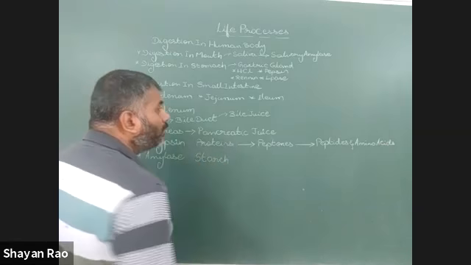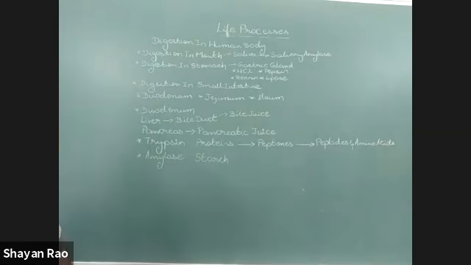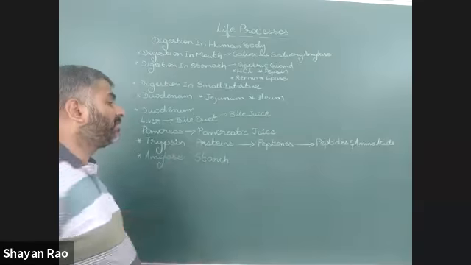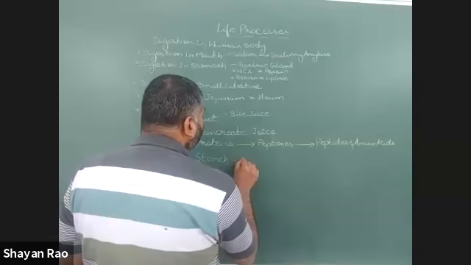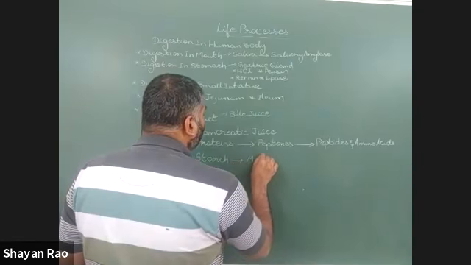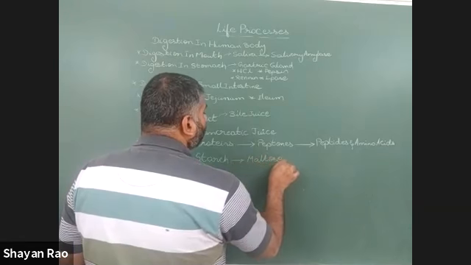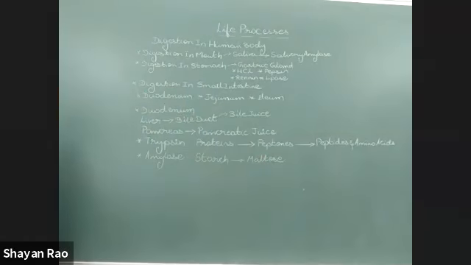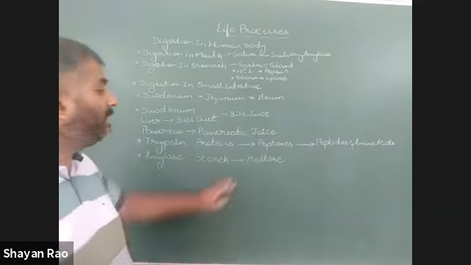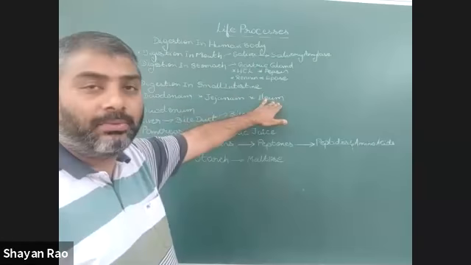There is a huge amount of starch that we consume. Amylase acts on starch, and starch is converted to maltose. Maltose is very important. Further breakdown of this maltose takes place in the next step, the ileum.